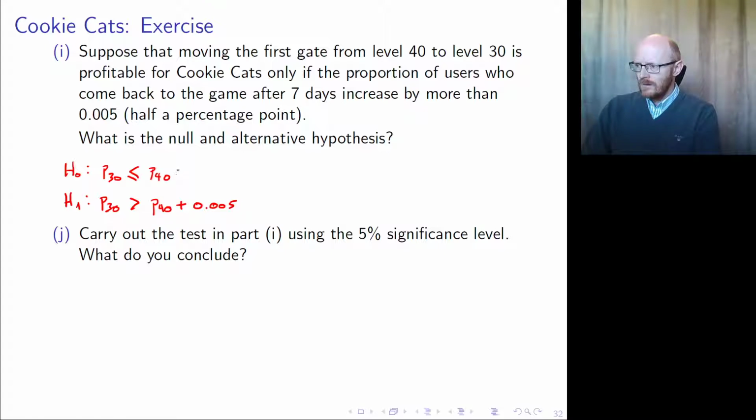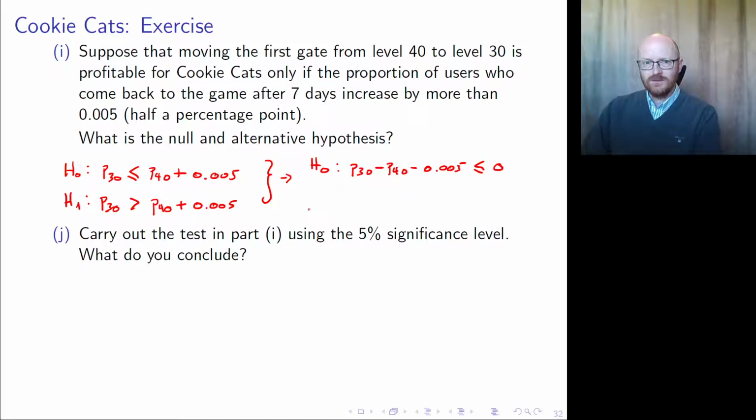Okay, plus 0.005, which means that this can be written as we need P30 minus P40 minus 0.005 to be less than or equal to 0.